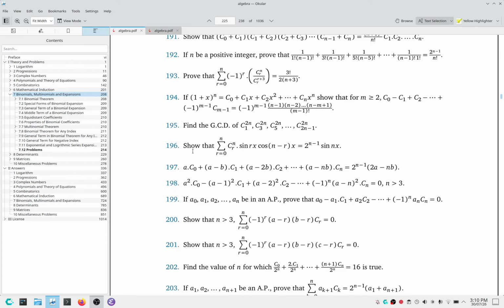Now 196 says show that sigma r = 0 to n of nCr sin(rx) cos((n-r)x) is equal to 2^(n-1) sin(nx).